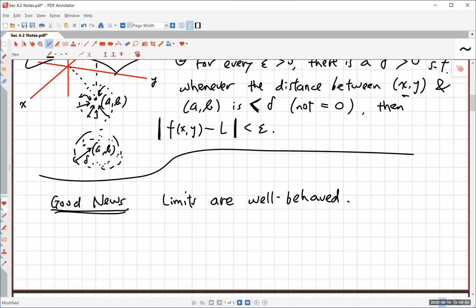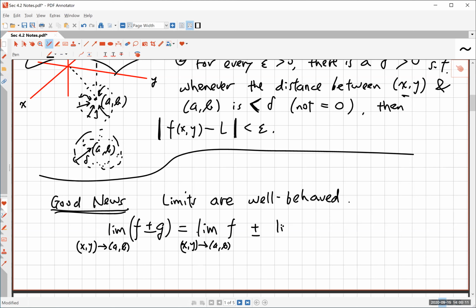Limits are well behaved. Okay, so what that means is the limit of f plus g as xy approaches a, b, what is that? This is the limit of f as xy approaches a, b, plus or minus the limit of g as xy approaches a, b.